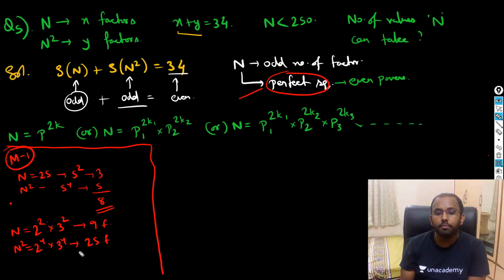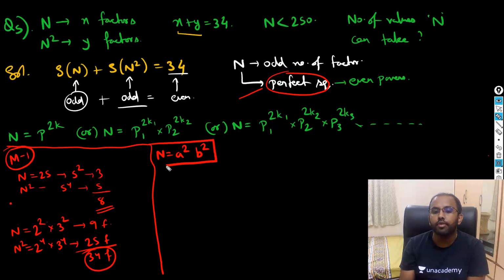So 9 plus 25 is 34. Satisfied, right? Once it's satisfied, that means n is of the form a square into b square. This is the general form of n.